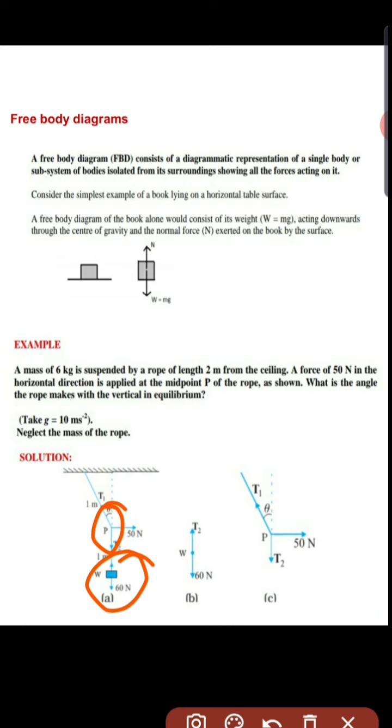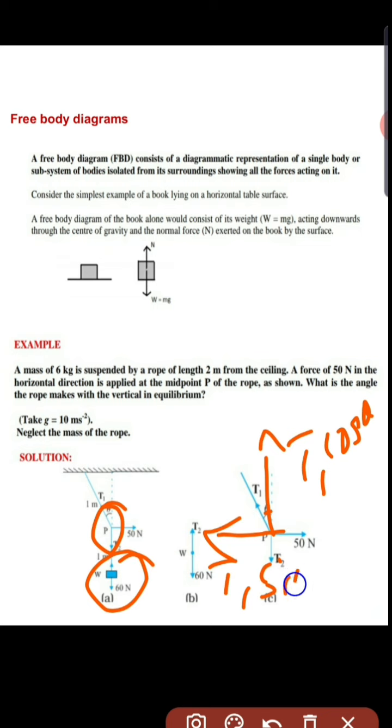When we resolve T1, we get the components. T1 can be resolved into components like this. This is resolving T1 into rectangular components. Here we have angle theta. So this component becomes T1 cos theta, and this component becomes T1 sin theta. After resolving, the component forces are T1 cos theta and T1 sin theta.